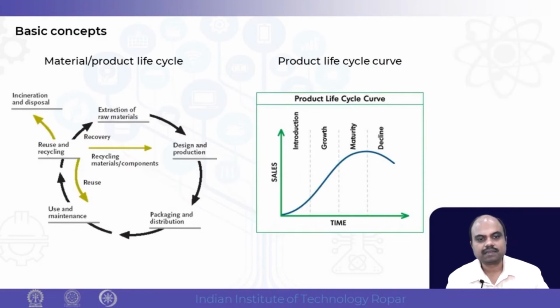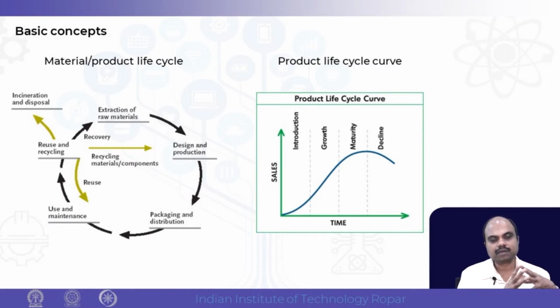In the next slide, we see the basic concept. Any product designer should know the material life cycle, that is the product life cycle. When we make a product, we are basically taking the material from the ore, then making the material after some processes, extraction of raw materials, then giving it to the company, they are designing and processing, then packaging, then usage, then after usage, recovery, recycling, reuse and disposal.